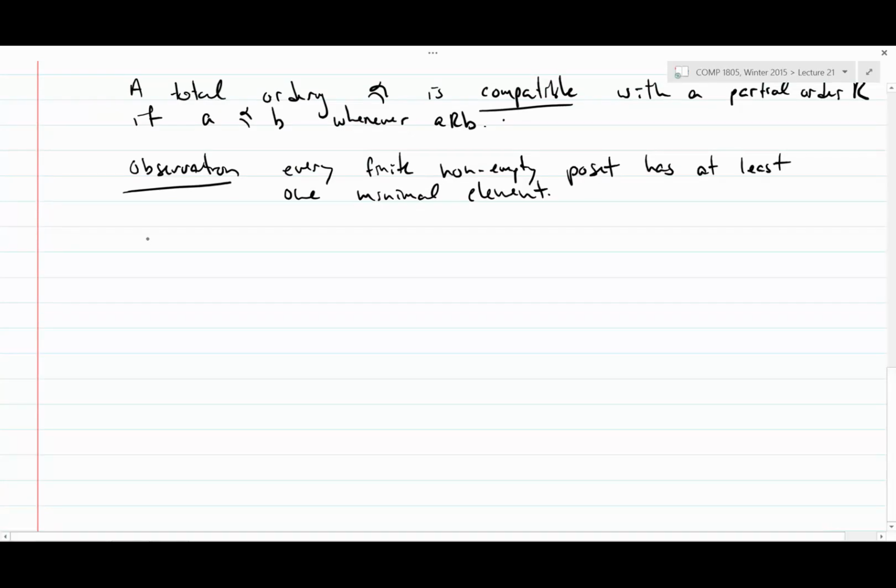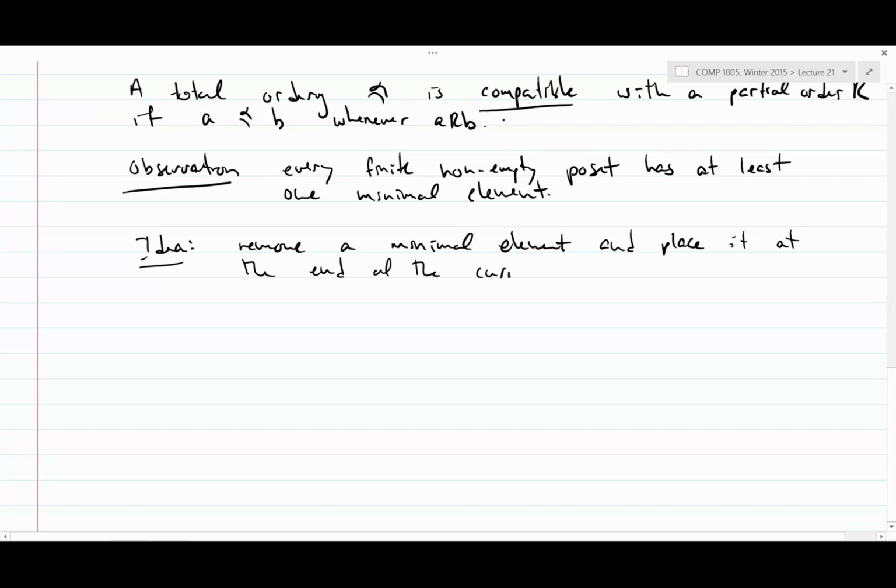So the idea is to remove a minimal element and place it at the end of the current total order, and now repeat.